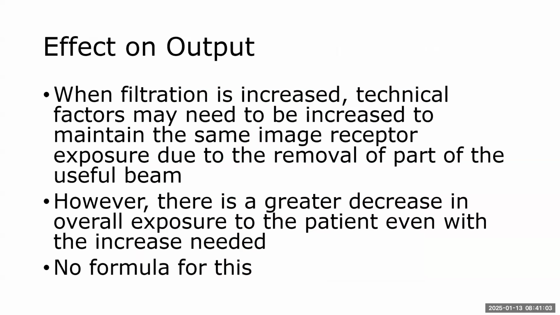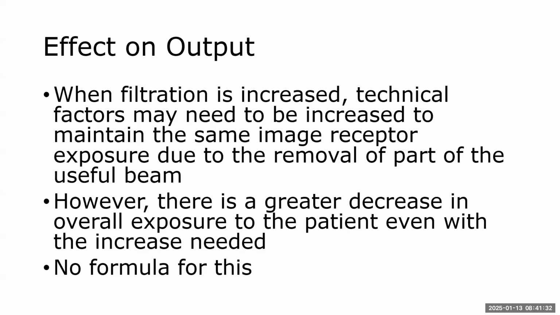So here's just a sort of a summary statement of that. When filtration is increased, technical factors may need to be increased to maintain the same image receptor exposure due to removal of part of the useful beam. Meaning, sometimes you add so much filtration that you start to get into those photons that actually could be a part of your useful beam. So you don't want to add filtration to the point that you are taking photons that could be used to create the image out.